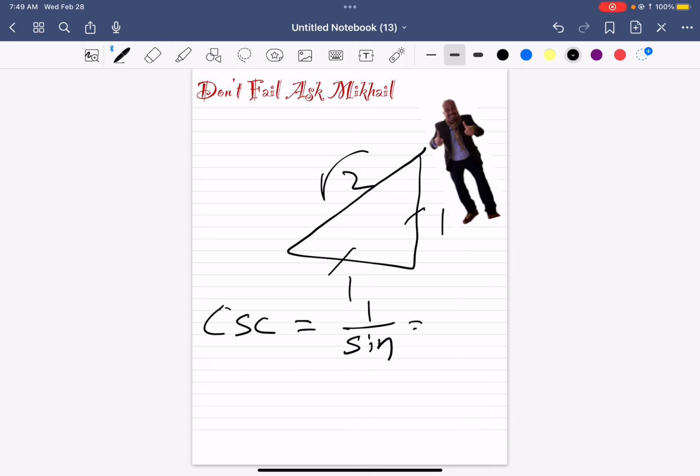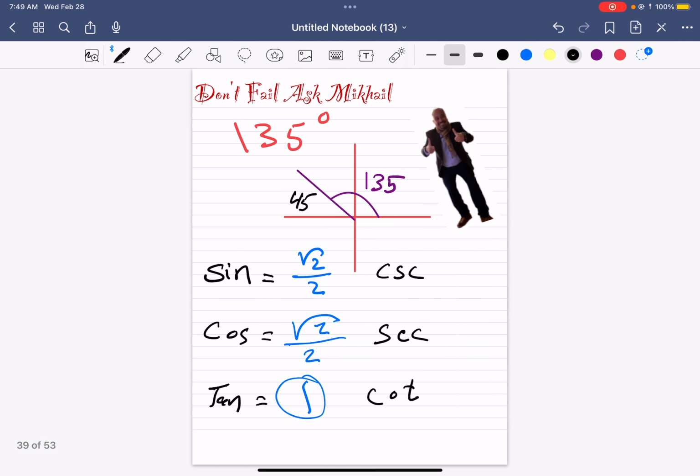Instead of opposite over hypotenuse, it's hypotenuse over opposite, which equals radical 2 over 1. Or a reciprocal of this would give you also radical 2. The secant is the same, radical 2. And the cotangent is 1 over tan, which is 1 over 1, also 1.